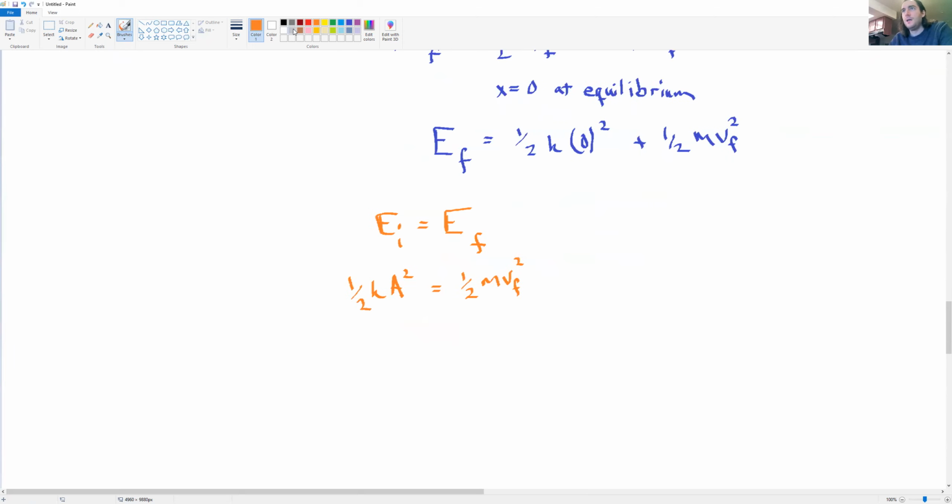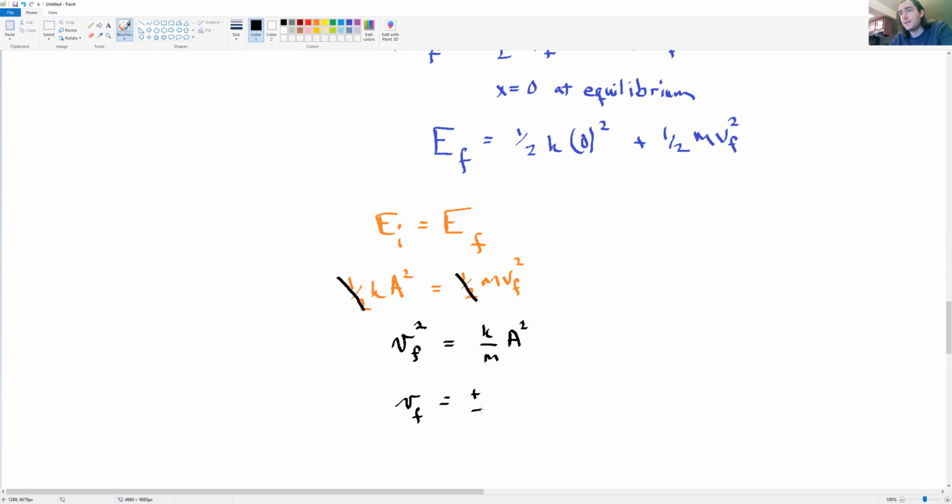Okay, and so I can go about now calculating the final velocity. When I do that, I find that the final velocity squared is k over m times a squared, and then square root it.